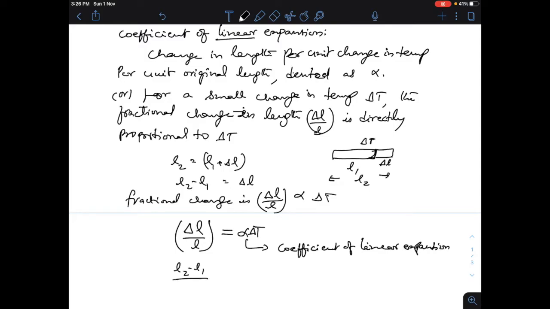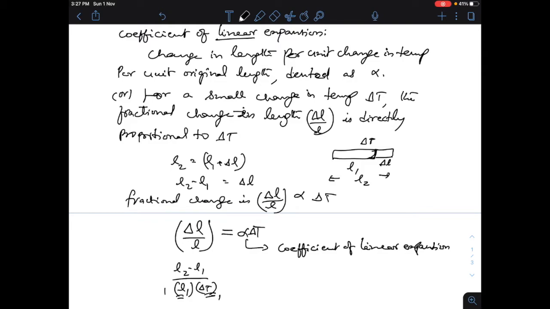So delta T is 1 degree, per unit original length. What is the original length? L1. So per original length, if this is 1 change and this is 1 degree, then this is denoted as alpha.